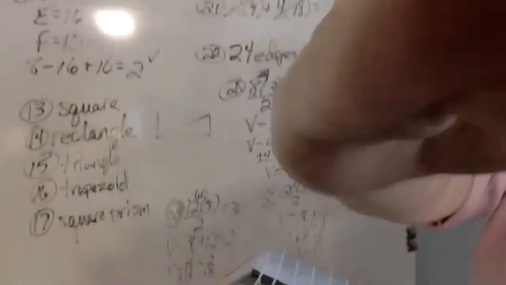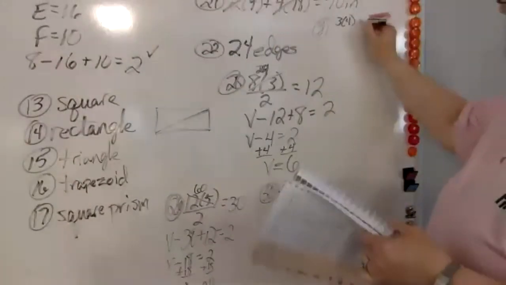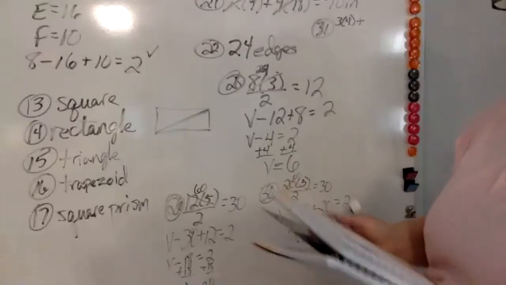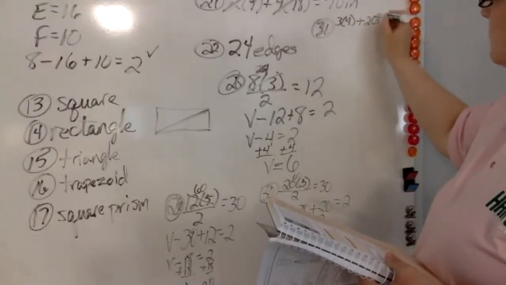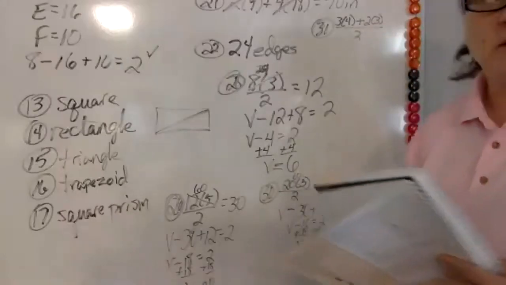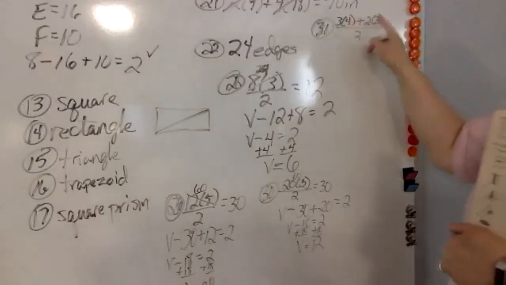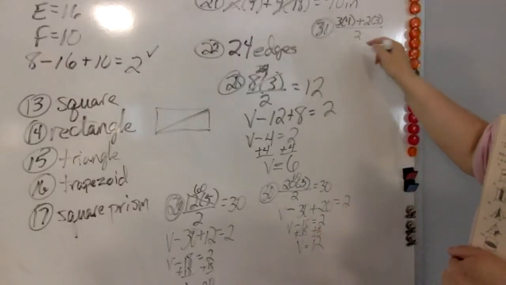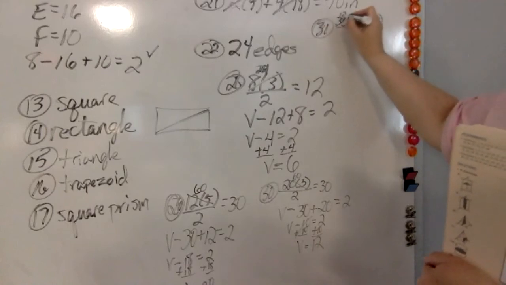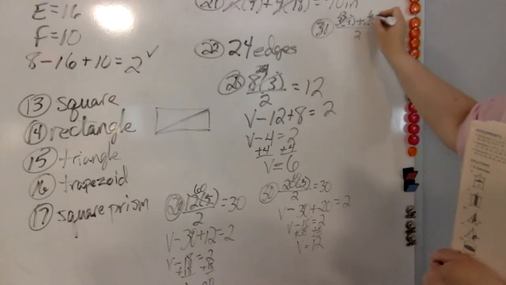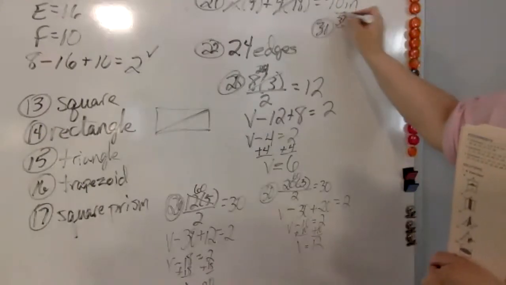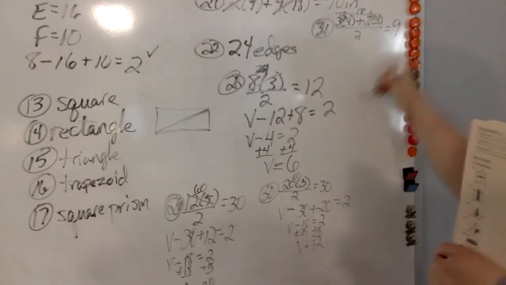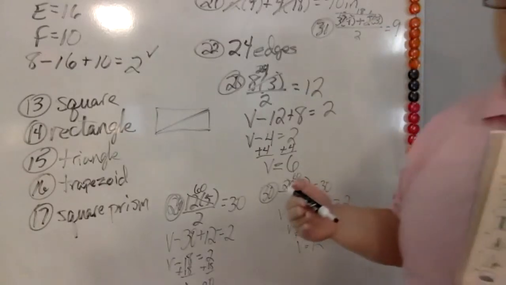Then it says there's 2 triangular, so I've got 2 times 3 for the triangles, and divided by 2. I had to do 2 separate ones added together this time because part of them were rectangular and part of them were triangular. So 3 times 4 is 12. 2 times 3 is 6. 12 plus 6 is 18. 18 divided by 2 is 9. So my number of edges is 9.